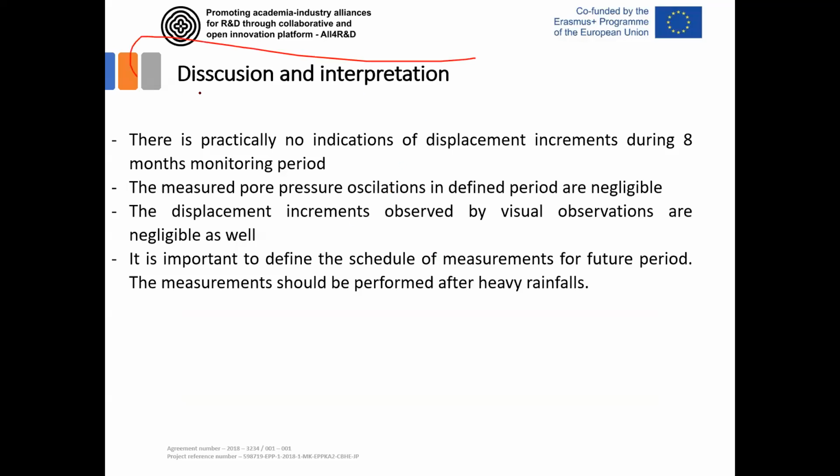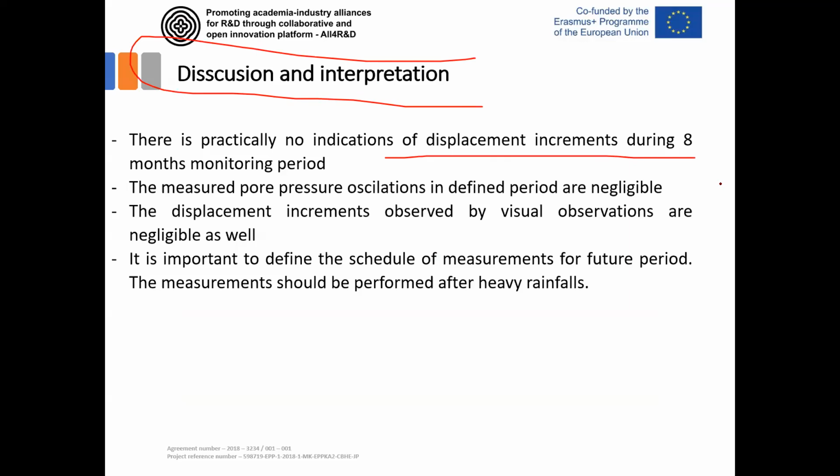Some discussion on the results and interpretation shows that there was really little displacement during the eight-month monitoring in this first period, but later it was shown that some increment of the horizontal displacement occurs at the depth of about 16 meters, showing that the increment of displacement is very, very slow, indicating that we are talking about a creeping slope that can be controlled by monitoring.